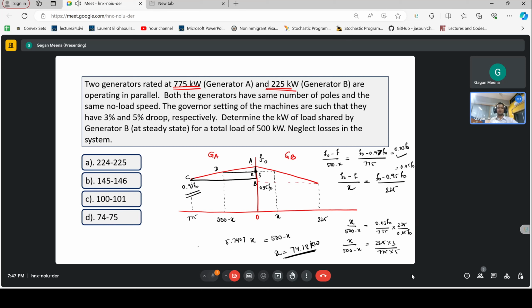For F naught minus F, from here you can write it equals 105 divided by 225.